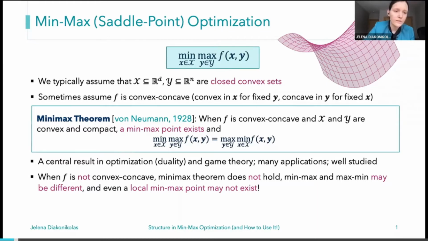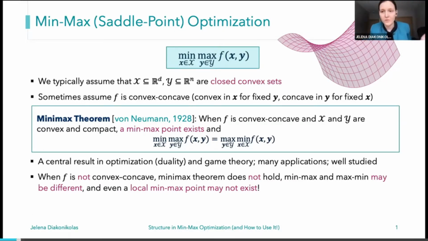Nevertheless, we do care also about the setups where f is convex-concave. It's a central result in game theory. Von Neumann himself said that game theory wouldn't make sense if this result didn't exist. And it's also central for optimization. The setups where we don't have f be convex-concave are also setups we care about.